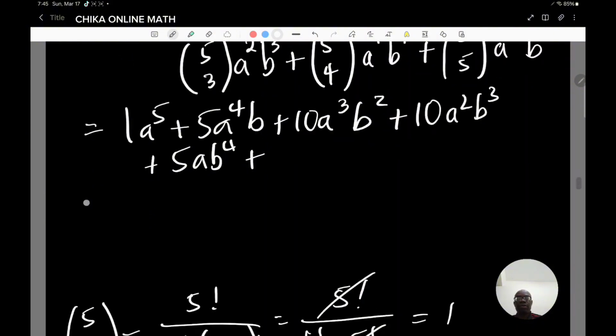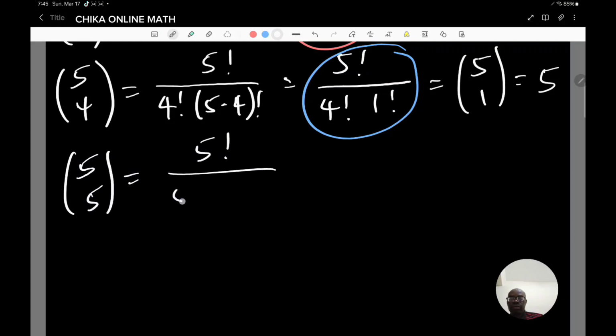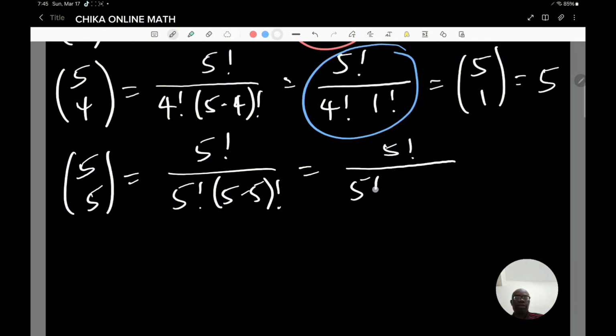So let's evaluate 5 combination 5, okay? So 5 combination 5 is equal to what? 5 factorial all over 5 factorial times (5 minus 5) factorial. So this is what? 5 factorial all over 5 factorial. And what is 5 minus 5? 0 factorial.